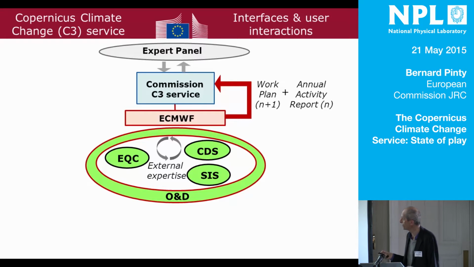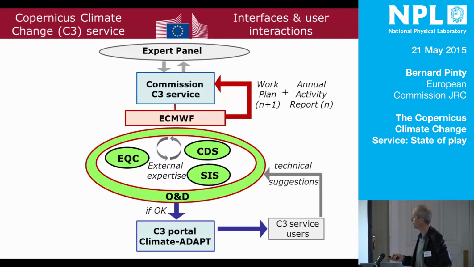So ECMWF is going to put in place these building blocks: climate data store, sector information system, and this evaluation quality control function. So this one is going to be driven by ECMWF. It's really part of the service. And then the outreach dissemination component. So that will go to a portal. There will be interaction with users here via what we call user forum and Copernicus committees.